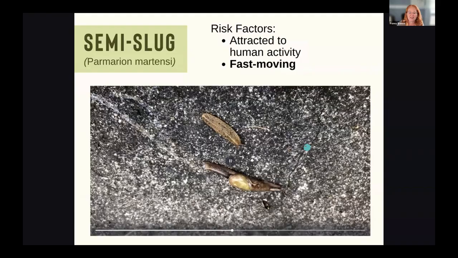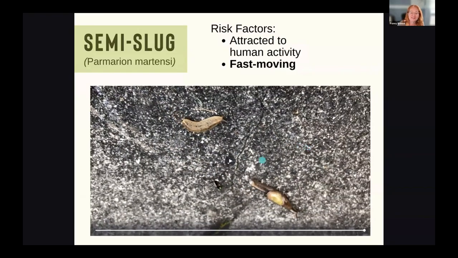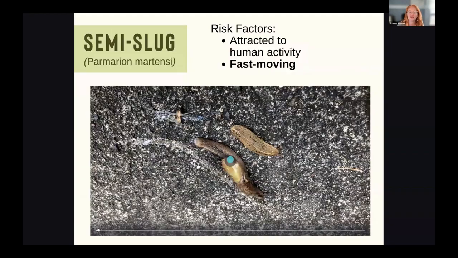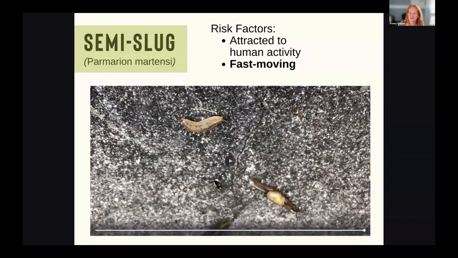The other is that relative to other slugs, they're pretty fast. This is obviously sped up, but this is a Cuban slug on the top and then a semi-slug on the bottom. And you can just see comparatively that the semi-slug is much faster than the Cuban slug. They're just moving through their environment faster.